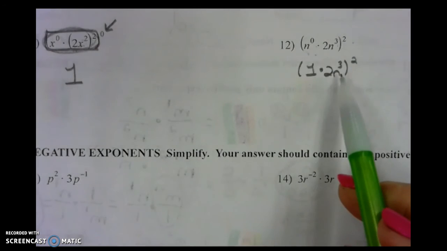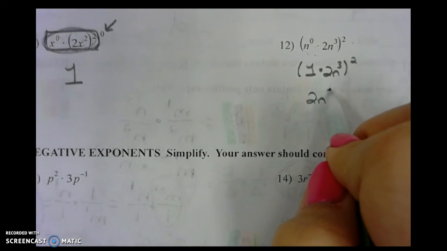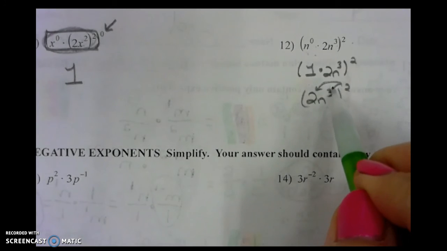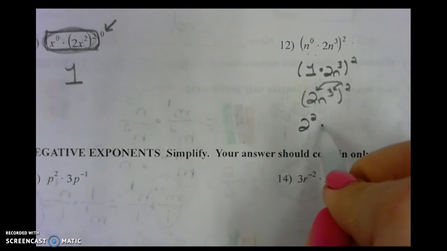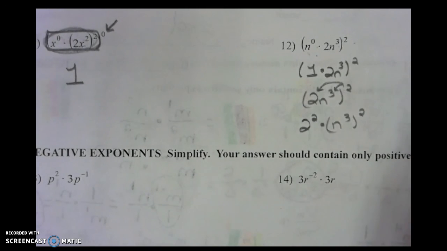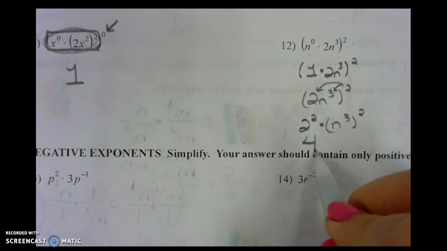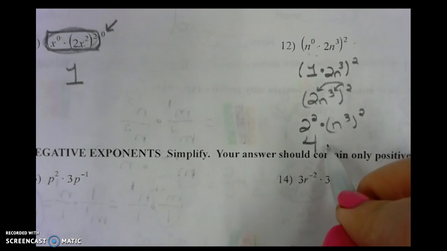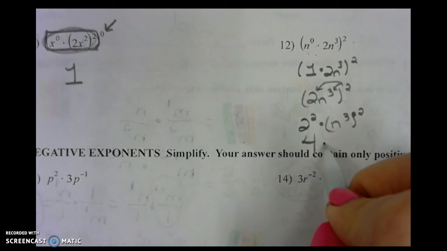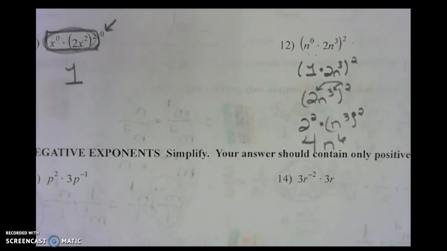Now, 1 times 2n to the third is just 2n to the third. Now I'm going to use that product power rule to distribute the square to get 2 squared times n to the third squared. 2 squared is 4. That's 2 times 2. And then n to the third squared, I will multiply those exponents to give me n to the 6th.